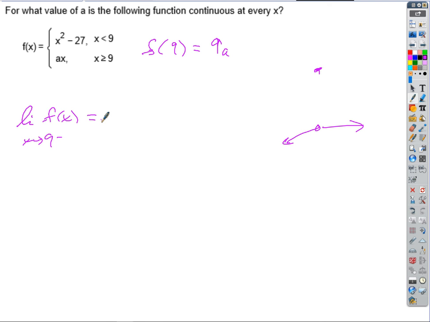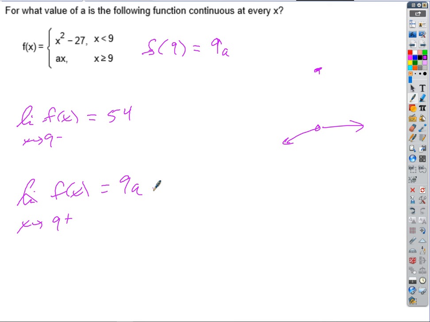So what's that give us? So 54? Okay, what's the limit of f of x as x approaches 9 from the right? 9a, good. So it's equal to the value of the function there, which we could see.